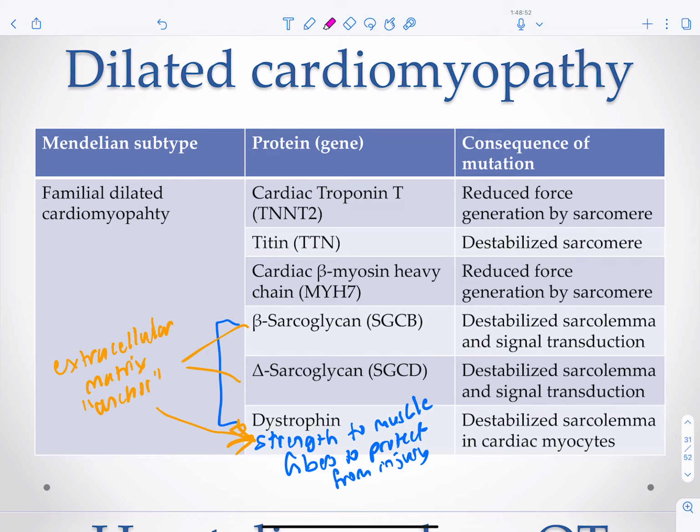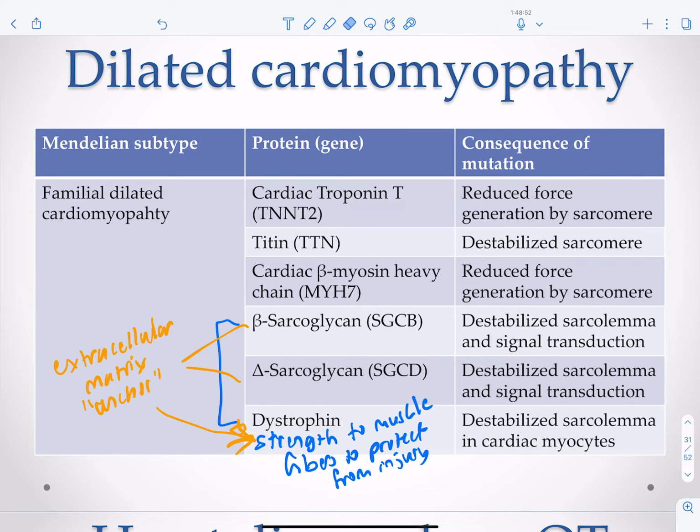We have our cardiac beta myosin heavy chain, and this is going to be making the beta myosin heavy chain important for actin binding, ATP hydrolysis. It's important in thick filaments, etc. We also have our beta sarcoglycan, and we have our delta sarcoglycan, as well as our dystrophin genes.